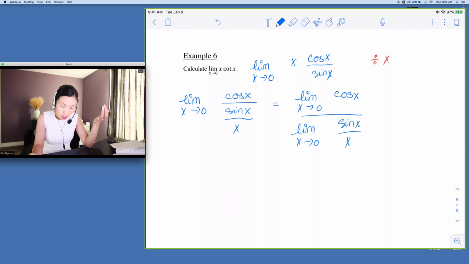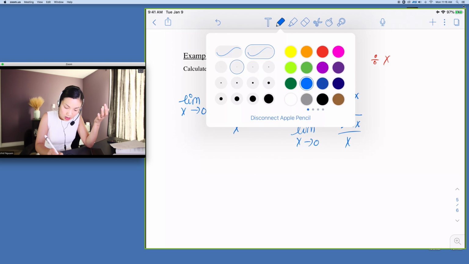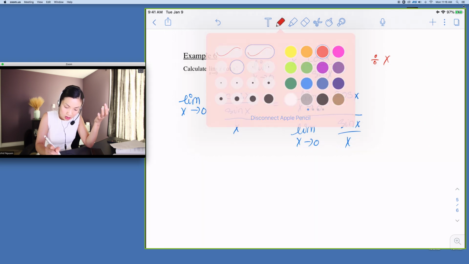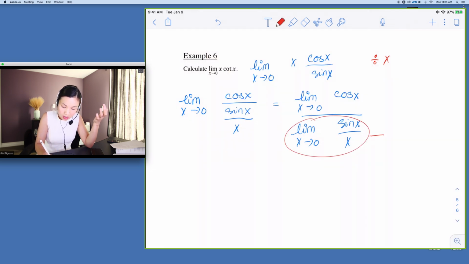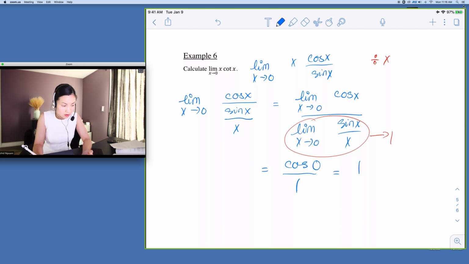But we know that the bottom right here is going to yield 1. Okay, so what I have is cosine of 0. I'm just going to use substitution over 1, which is 1. So there we have it.